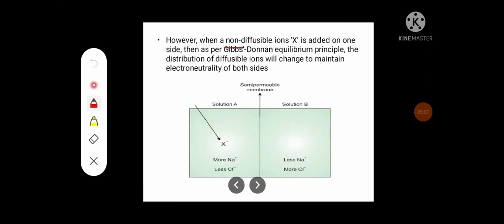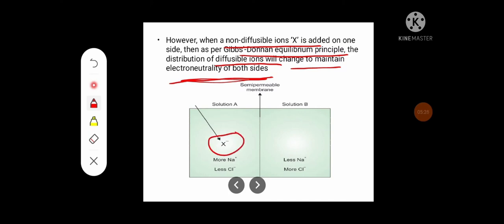However, when a non-diffusible ion X is added on one side, then as per the Gibbs-Donnan equilibrium principle, the distribution of diffusible ions will change to maintain the electroneutrality of both sides. When the substance X, carrying a negative charge, is added to solution A and is non-diffusible, then to make up for the equilibrium of the ions, there will be more sodium and less chloride in solution A compared to solution B. Whereas in solution B, there will be less sodium and more chloride.